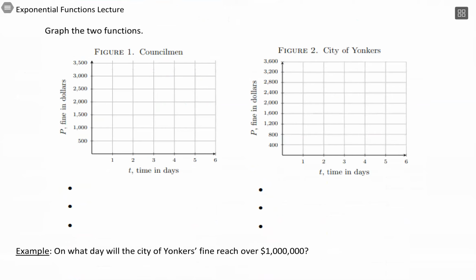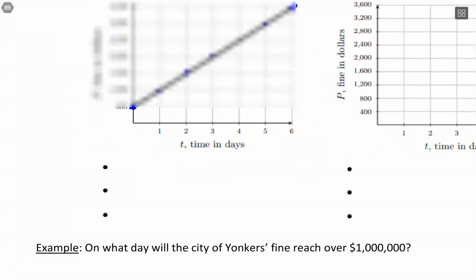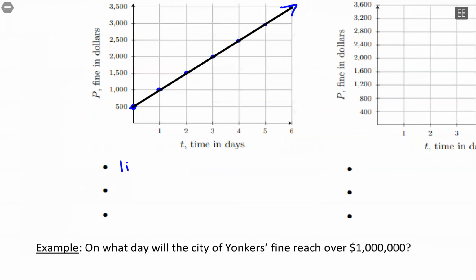So if we graph the two functions, the councilman starts at 500 and then increases by 500 each day. As we said, that's our linear function, and then that would continue on forever. Some things I want us to note here: this is linear, and it's increasing by a constant amount.